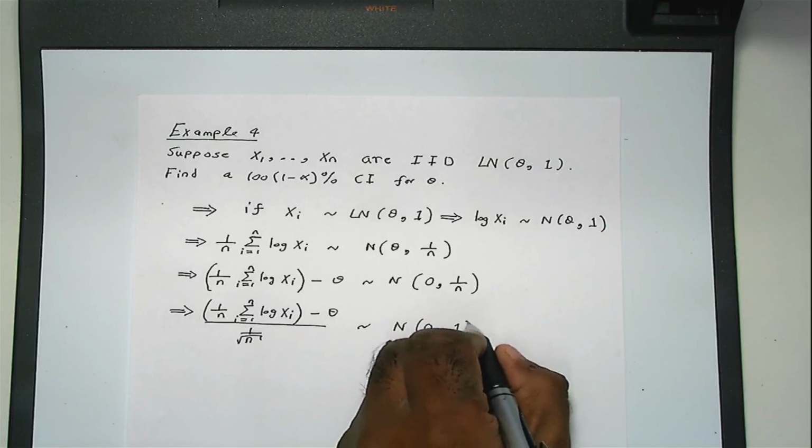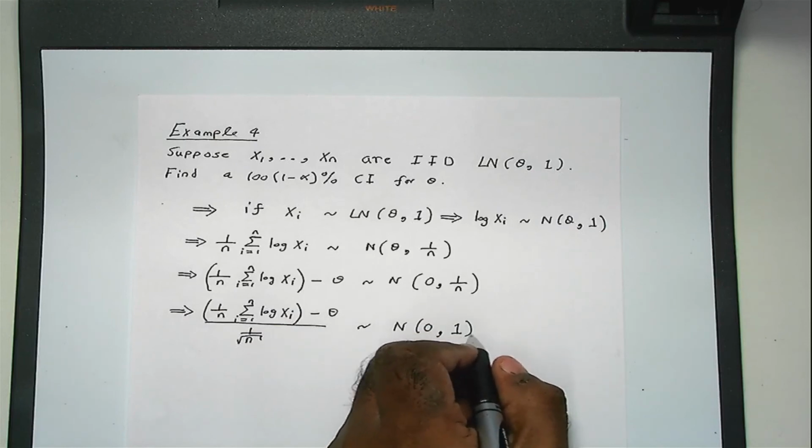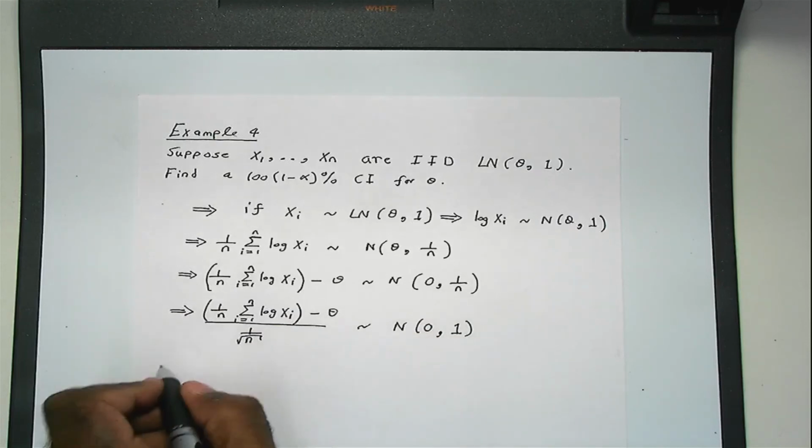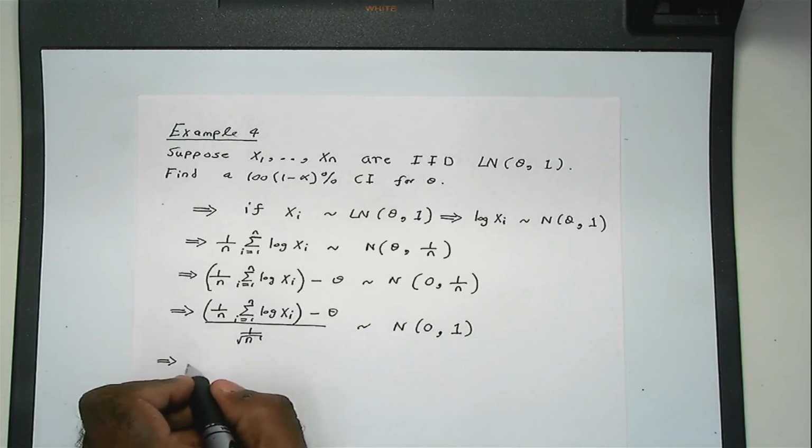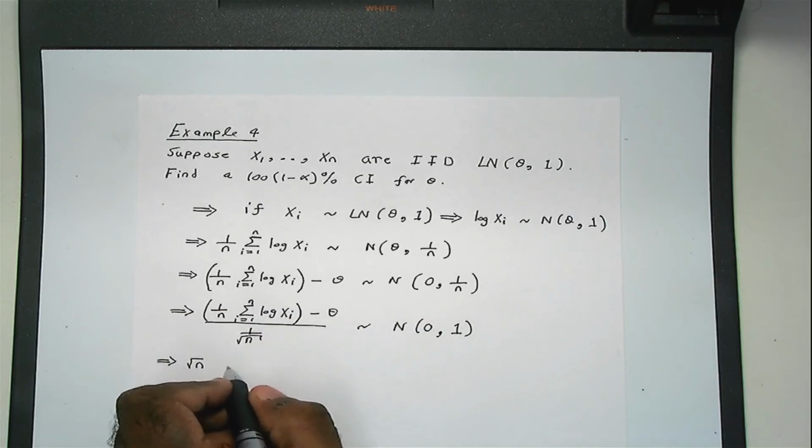Now simplifying this, you get root of n in brackets.